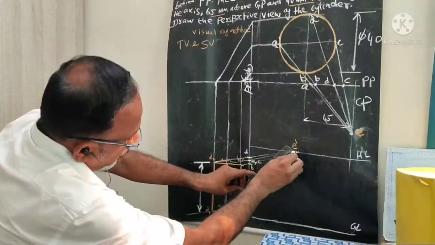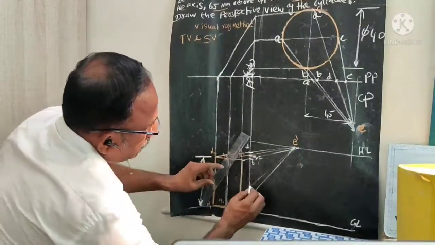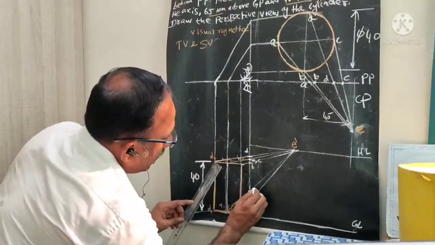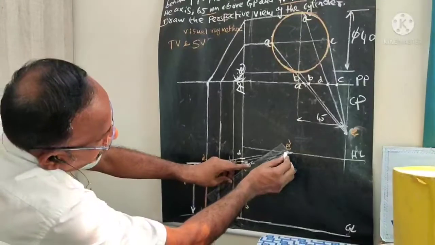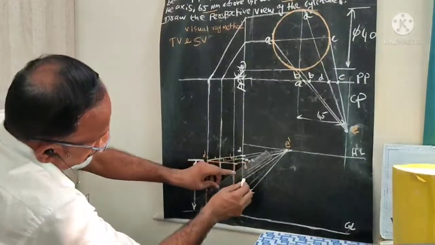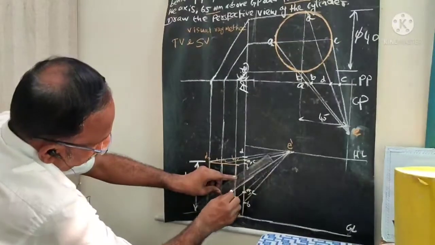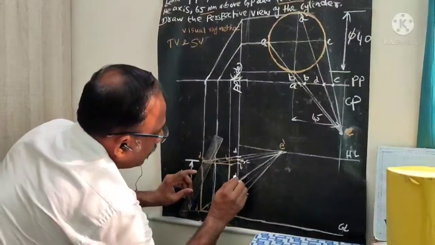Then I need to join with this middle point, which I call A and C. And I need to join this point with this D. This is my point D.